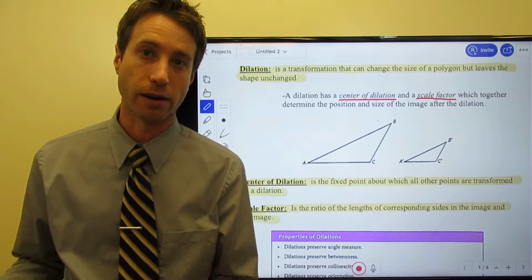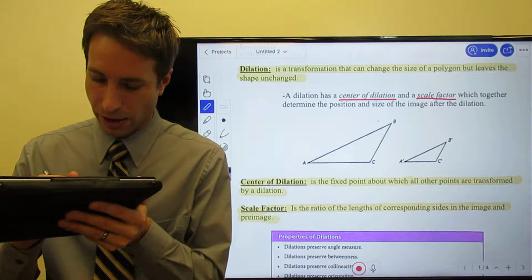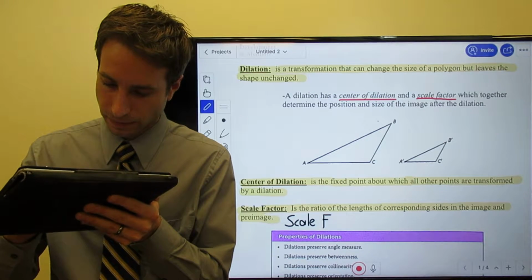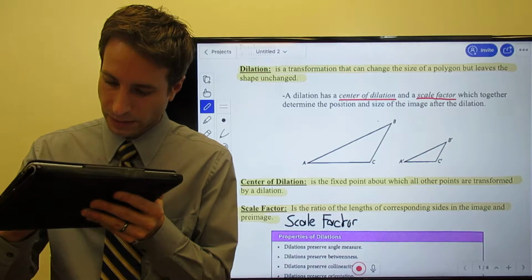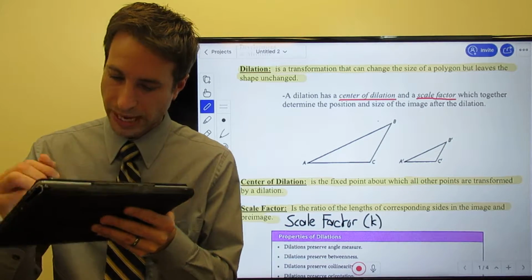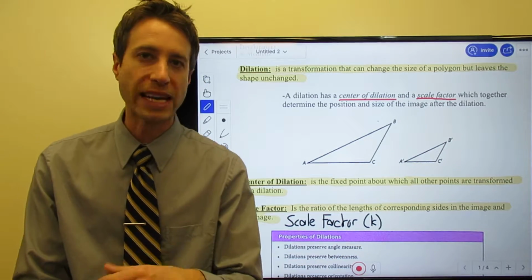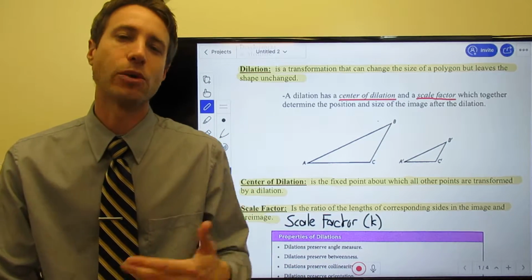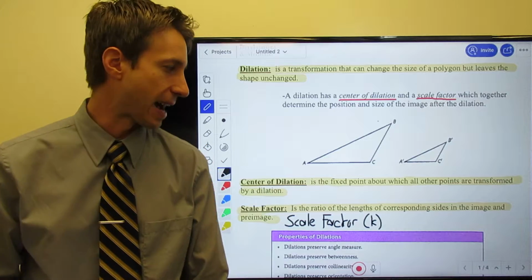We're going to use the letter k to represent scale factor. Scale factor is going to be a lowercase k. So you're going to see lowercase k's quite a bit in this chapter, and every single time that lowercase k will be telling you what the scale factor is.